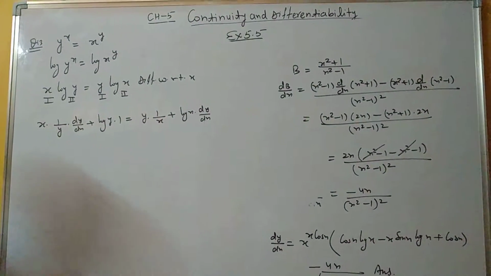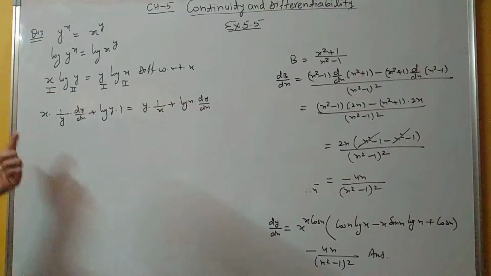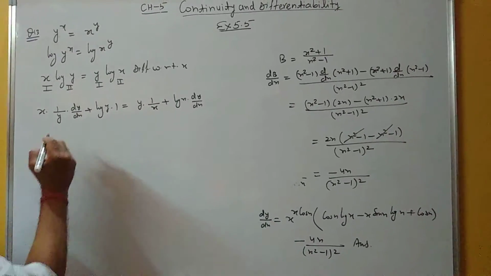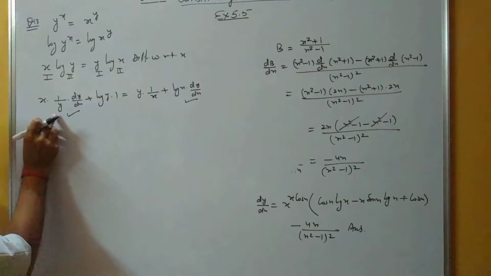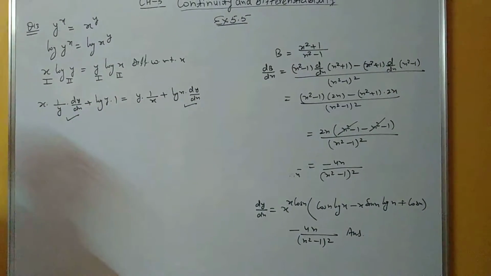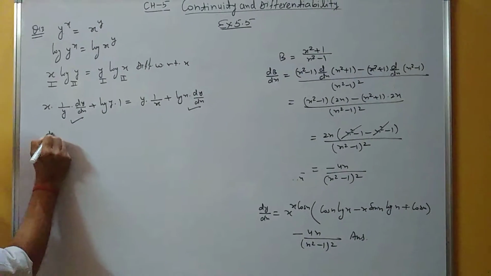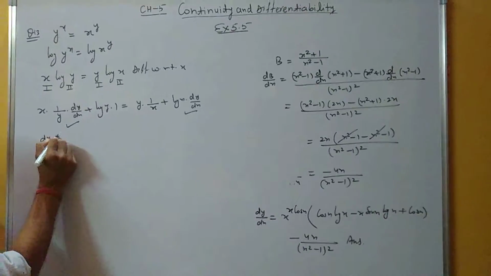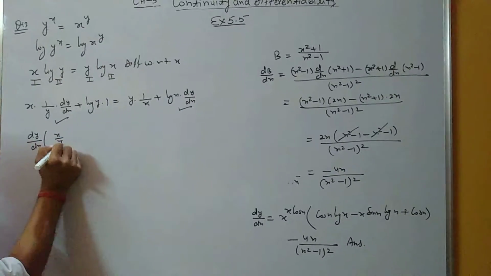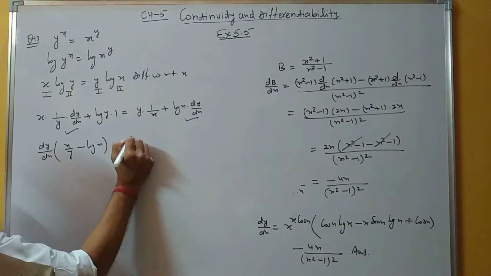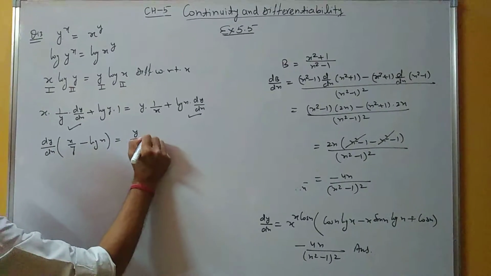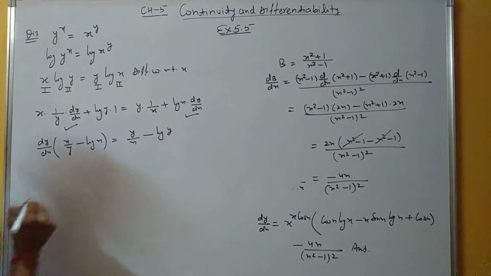You see that differentiation is complete. Now we collect dy by dx in one side. This is dy by dx and this is dy by dx. Take one side and other value in other side. So dy by dx times (x upon y minus log x) is equal to y upon x minus log y.